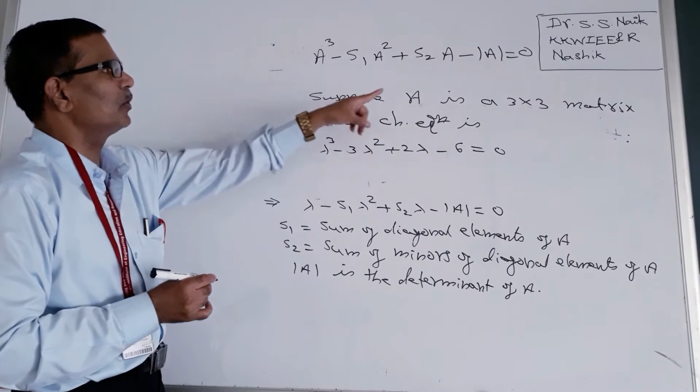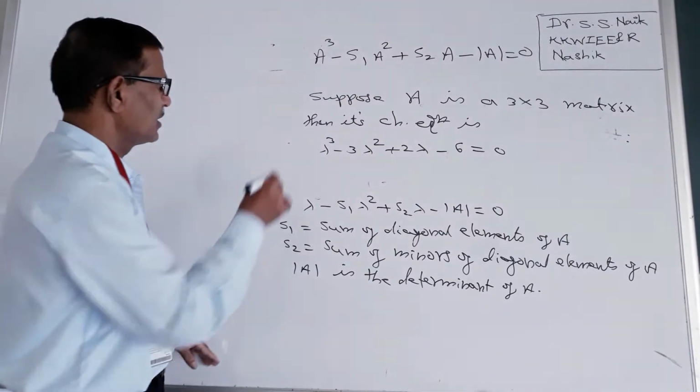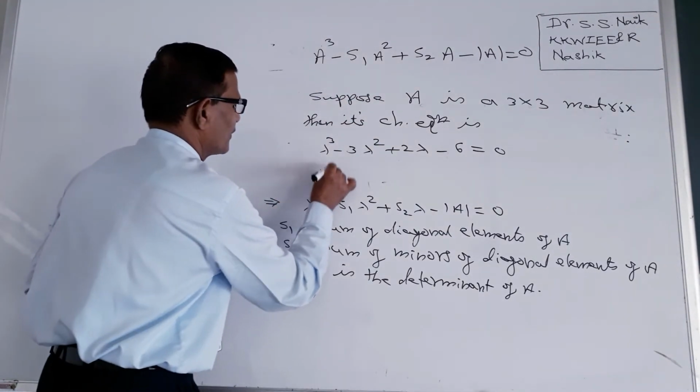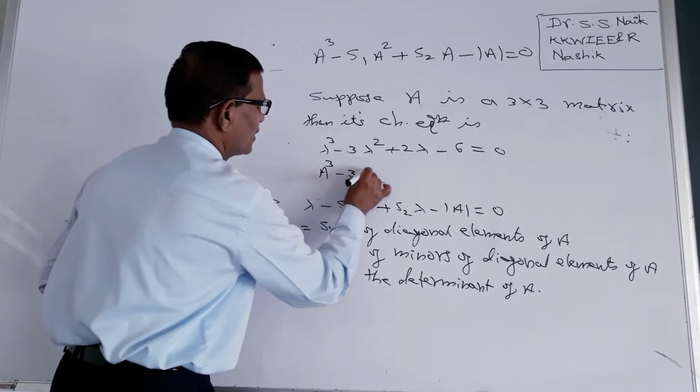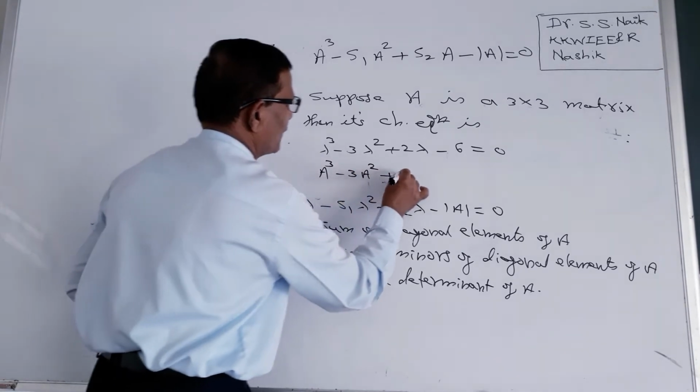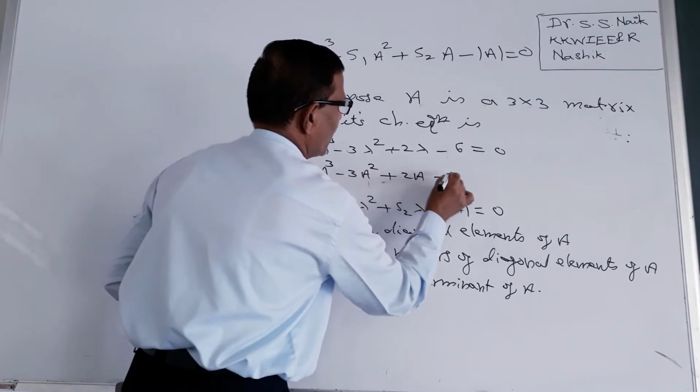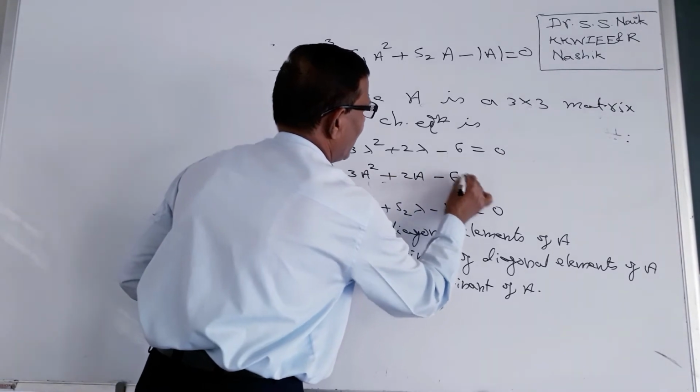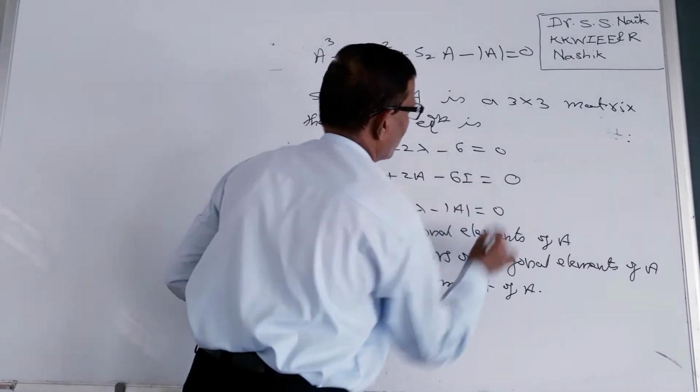Then according to the Cayley-Hamilton theorem, this equation becomes A cube minus 3A square plus 2A minus 6I is equal to 0.